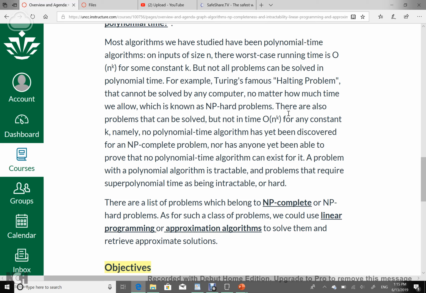There are also problems that can be solved, but not in time O(n^k) for any constant k. Namely, no polynomial time algorithm has yet been discovered for an NP-complete problem, nor has anyone yet been able to prove that no polynomial time algorithm can exist for it.